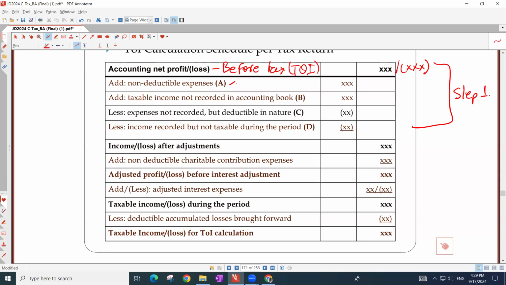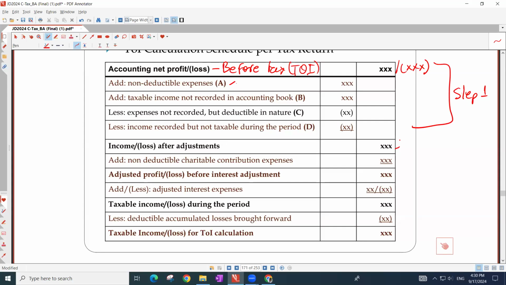And step two, we calculate income or loss after adjustments. Then we add back non-deductible charitable expenses. But this requires a calculation, right?